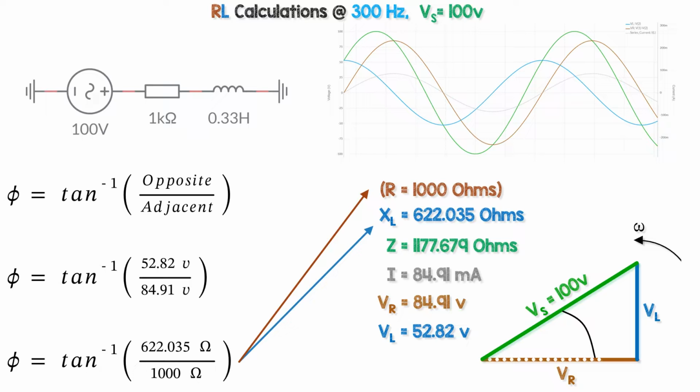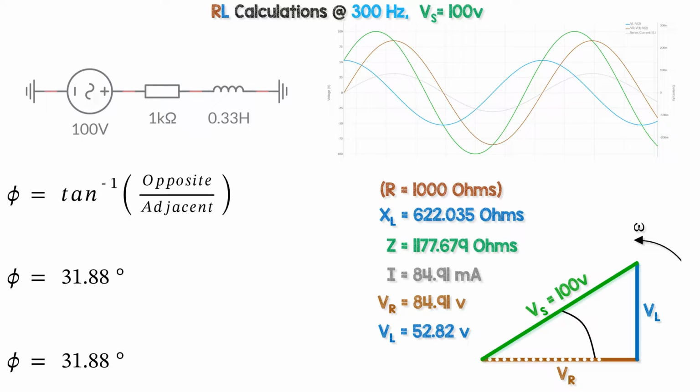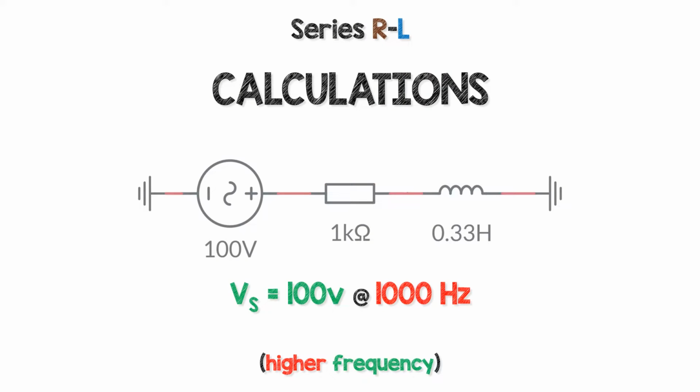But we could use inverse tan of VL over VR if we wished, and we'd get the same answer for the phase angle. Either way, the phase angle is equal to 31.88 degrees at the lower frequency of 300 Hz.